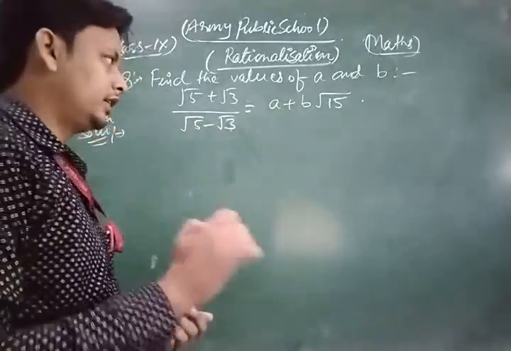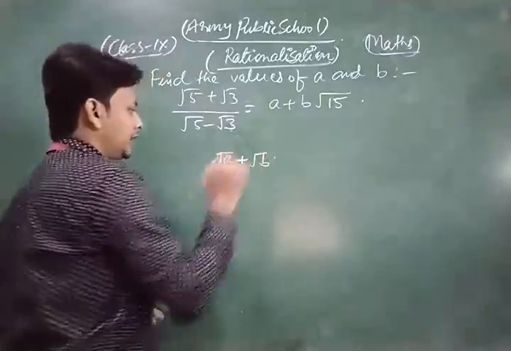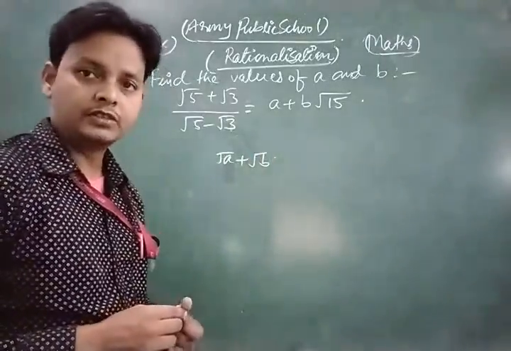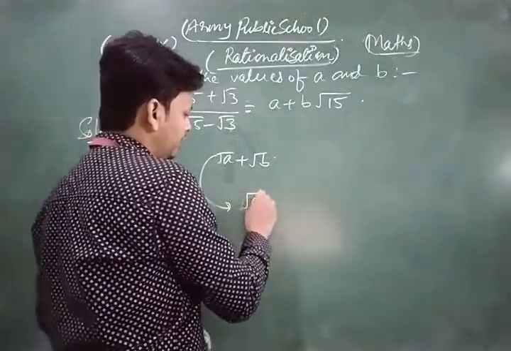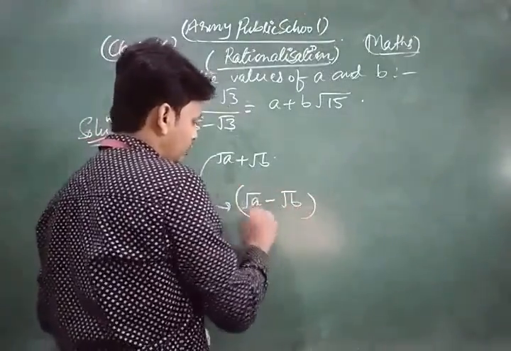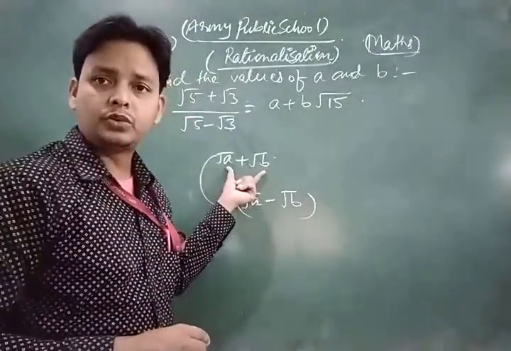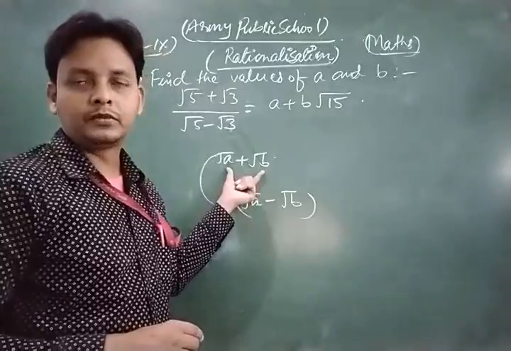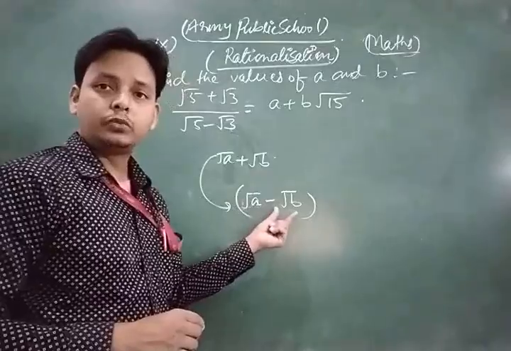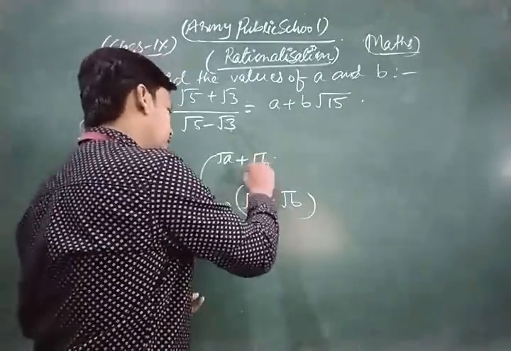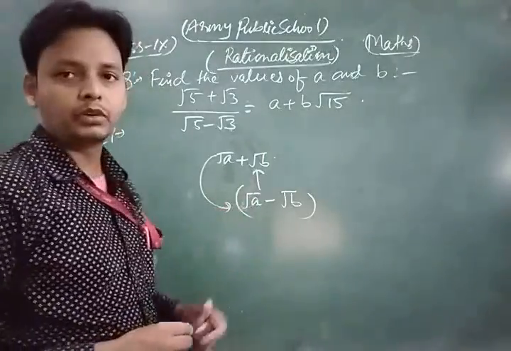In that concept, suppose under root a plus under root b is an expression, then its conjugate will be under root a minus under root b. This is the conjugate of the expression under root a plus under root b. If under root a minus under root b is an expression, then its conjugate will be under root a plus under root b, and vice versa. So this is the concept of conjugate.